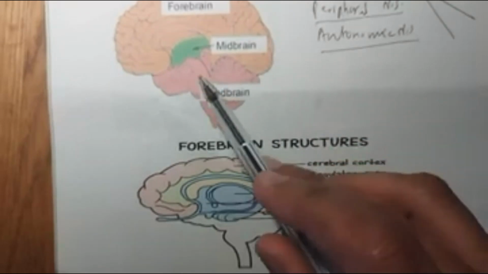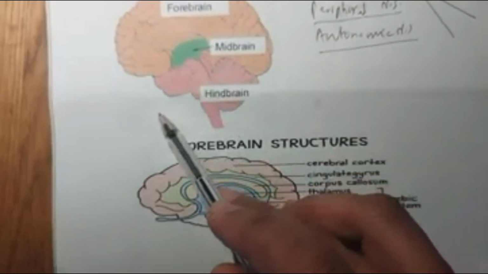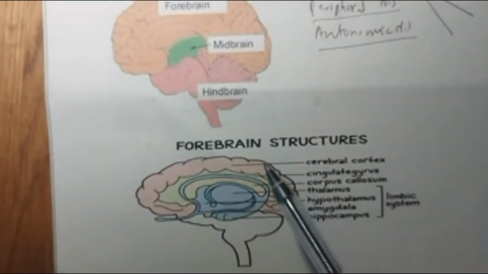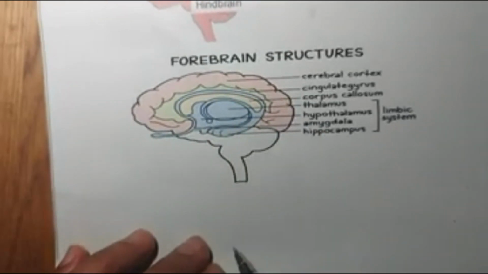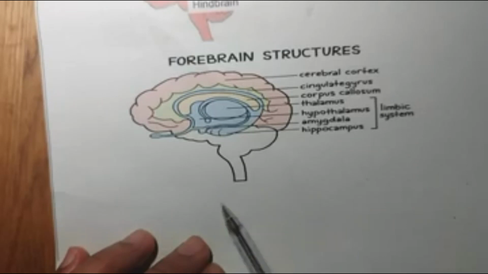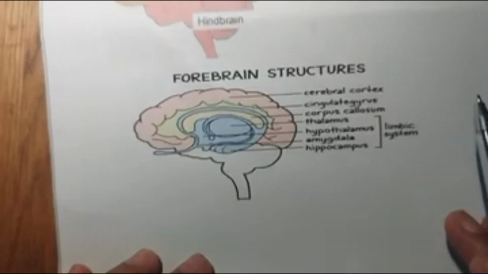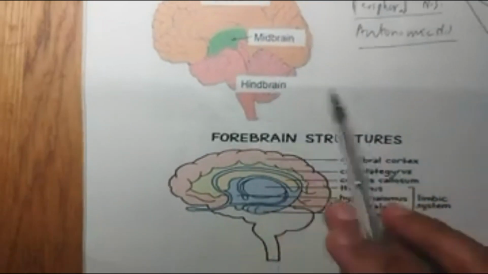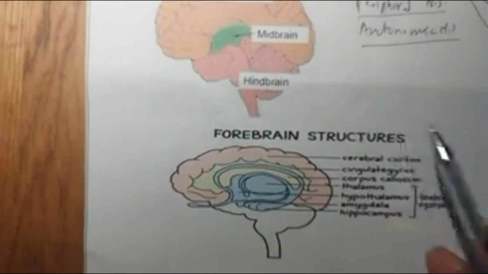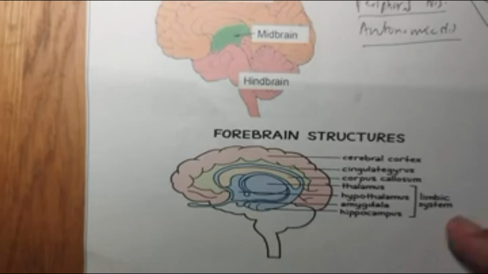The cranial nerves come out of the brain, and the spinal nerves come out of the spinal cord that extends from the medulla onwards. That's how the central nervous system communicates with the rest of the body, through cranial nerves and spinal nerves.